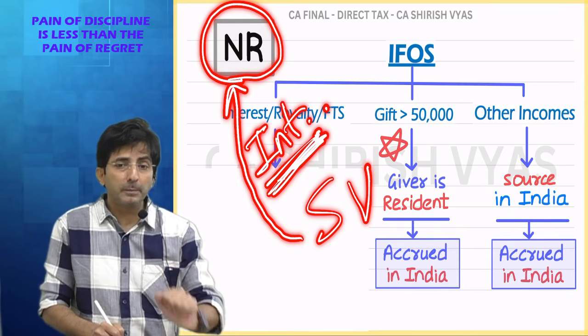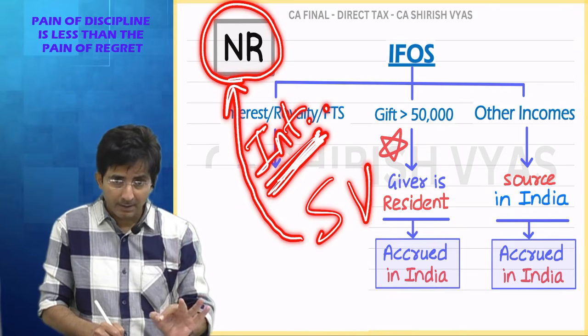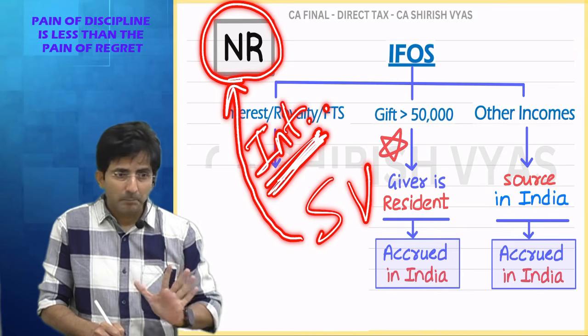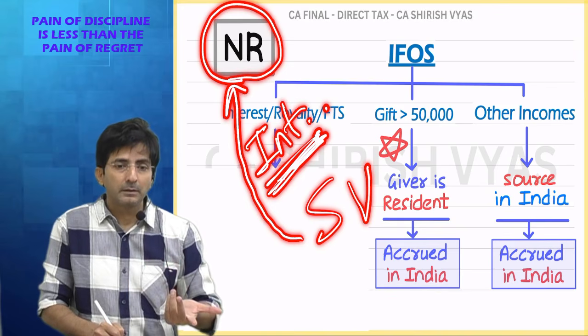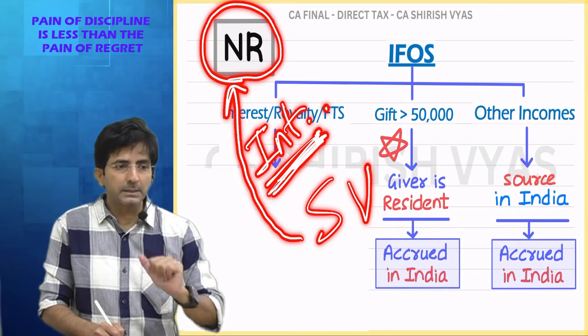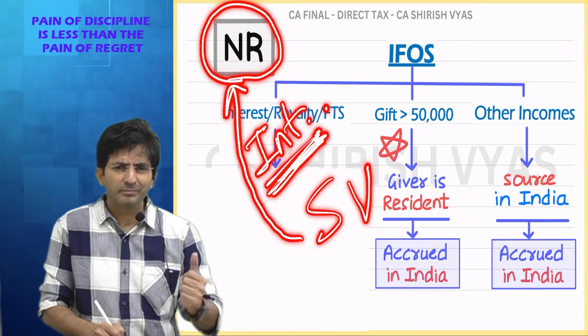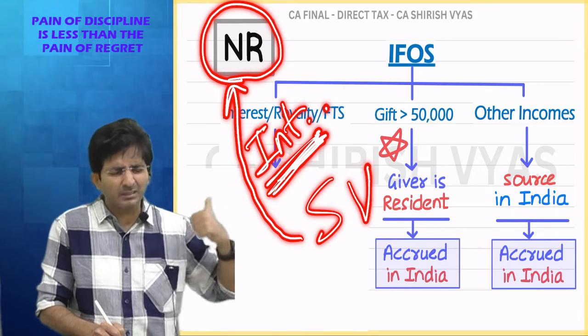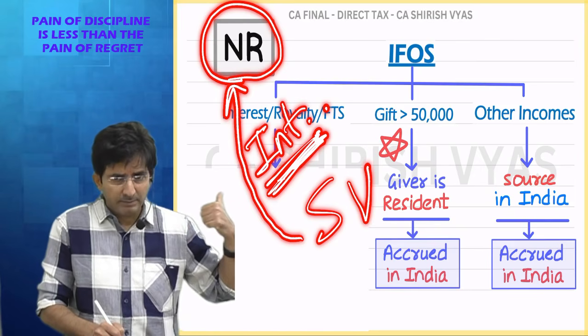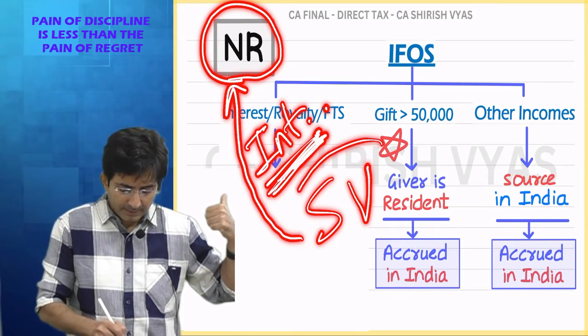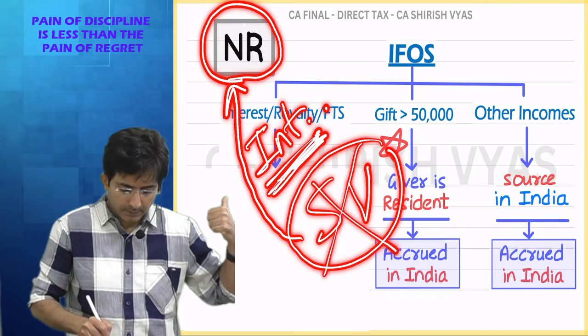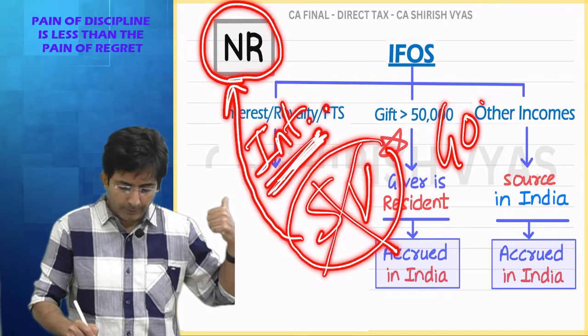In short, what was the message? Don't see the banda, see the dhanda. Banda means don't see the person. Okay. See the business. But see here, there is an exception. Look here, please see the exception. I am making one change. Cancel Shirish Vyas. Government of India.